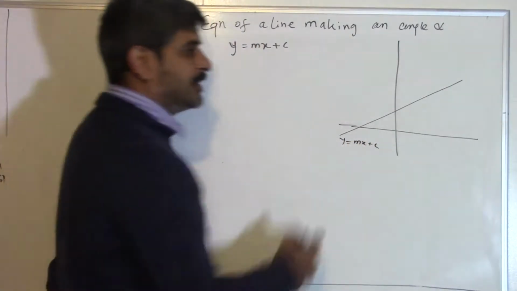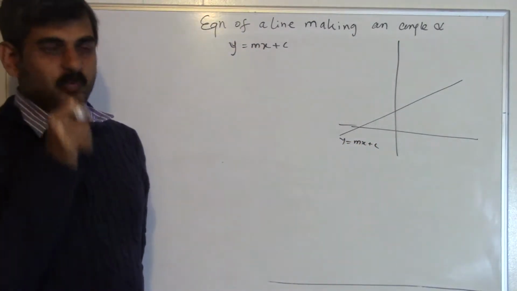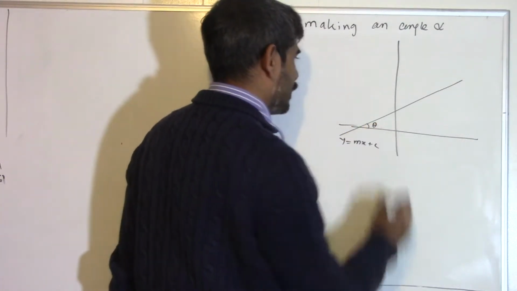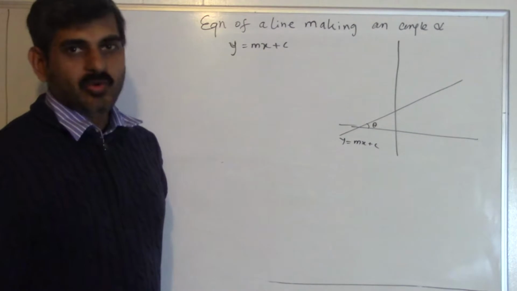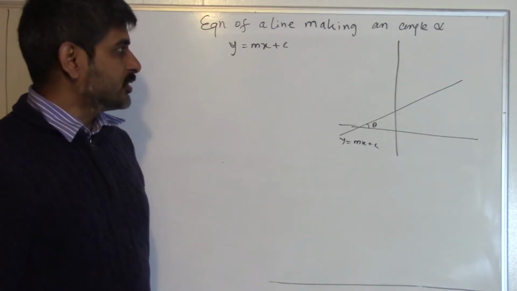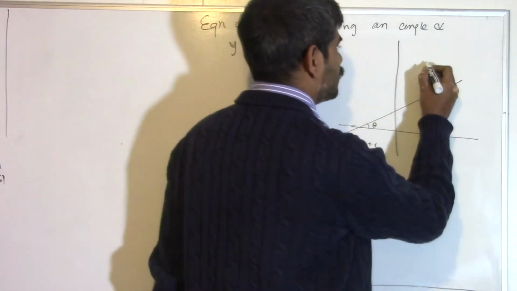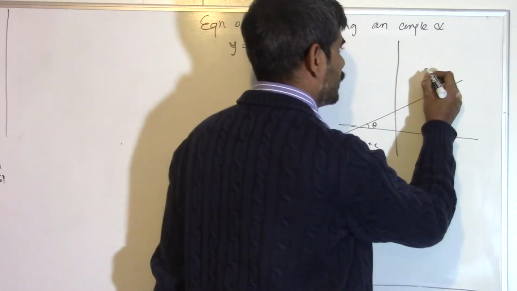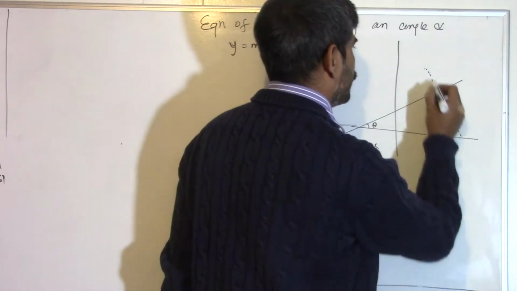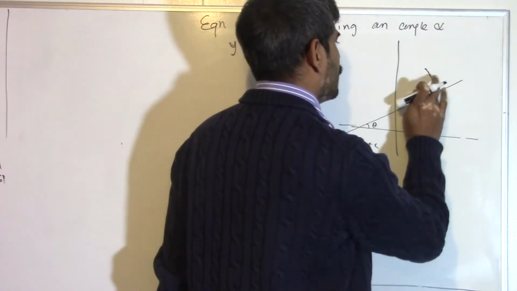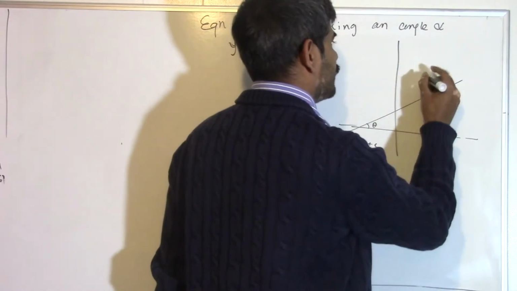And because m is given, we can always find this angle, and let's call this angle theta. Now we are required to find out the equation of a line passing through a given point, let's say this here, and that line is required to make some angle with this given line.